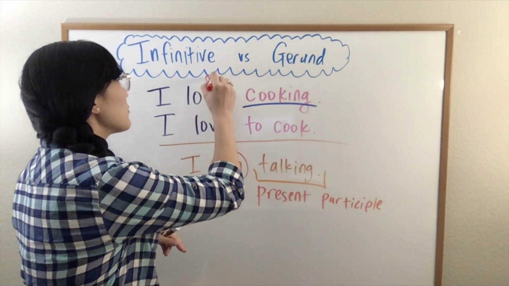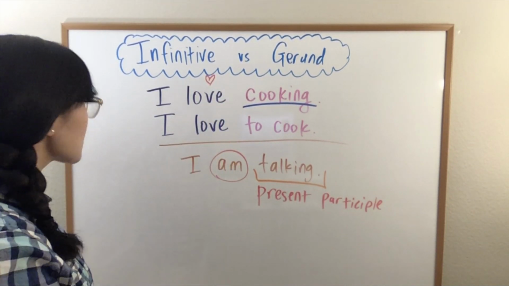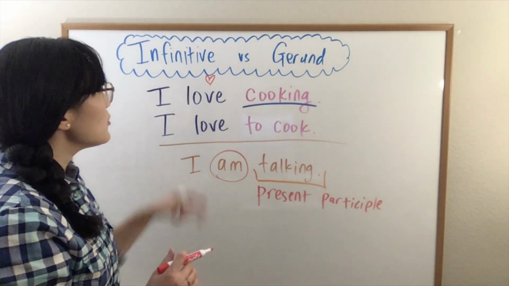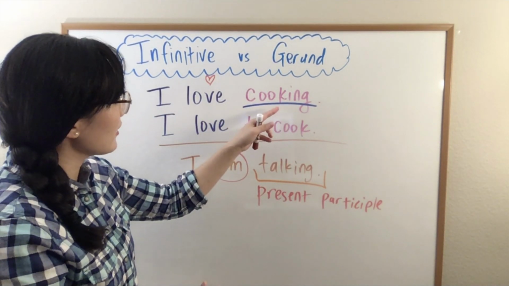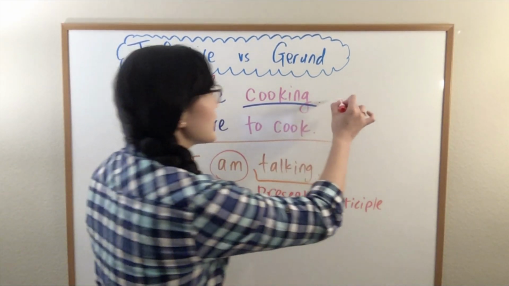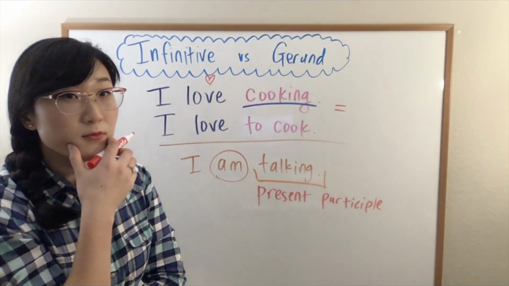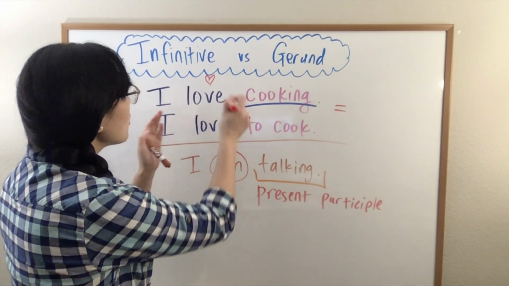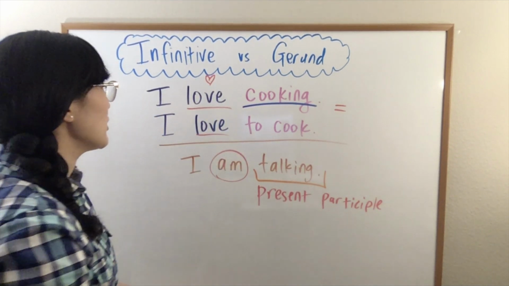So we have the verb love. There's two ways to express the idea that you love this activity of cooking. You can say, I love cooking, or I love to cook. Both of these are equal in meaning. So to give you an idea, when you have a verb, you will conjugate, you will change this verb.